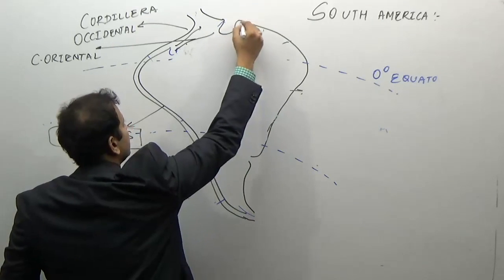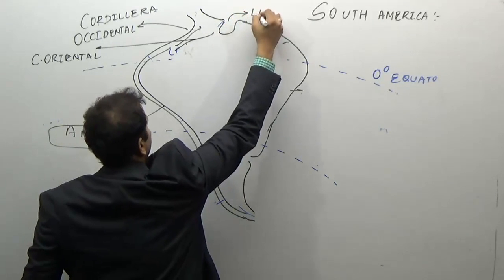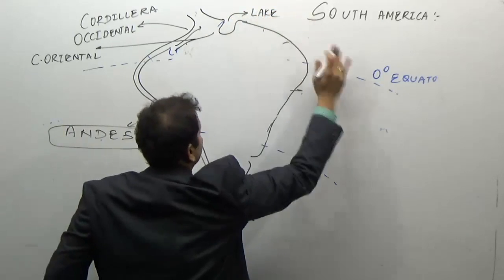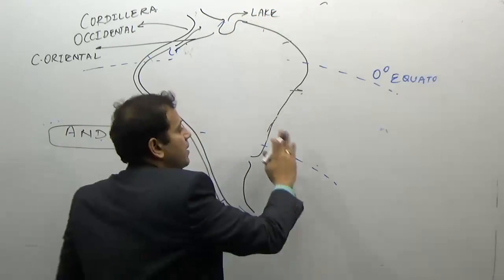If you look at the western part, there is a lake here which is known as Lake Maracaibo.